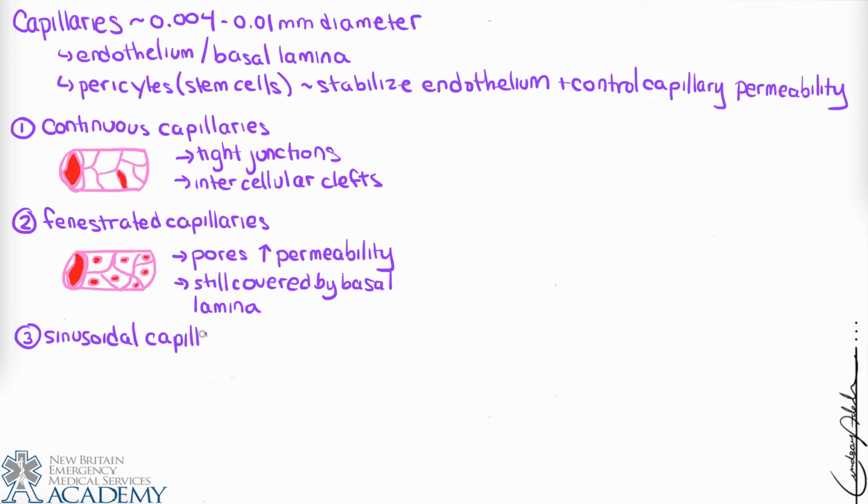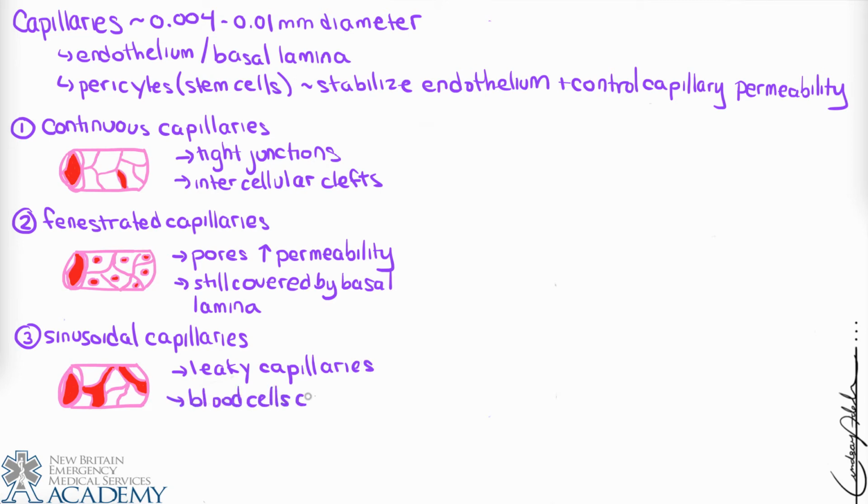And the last type of capillary is the sinusoidal capillary. So sinusoidal capillaries, these are considered leaky capillaries. They actually have large gaps in between the cells, and the gaps are so big that some blood cells can even pass through. So these will commonly be found in the liver.